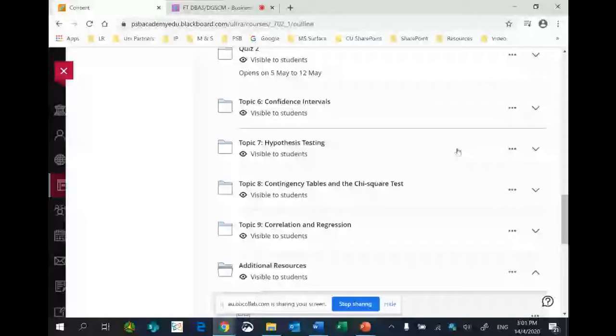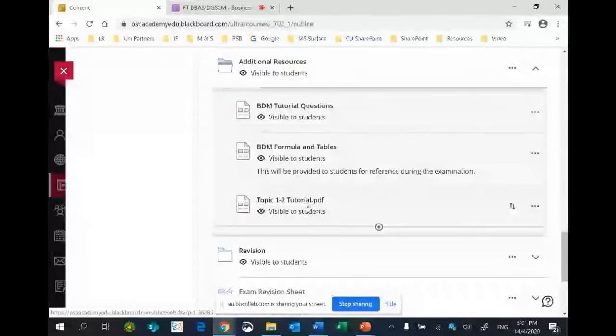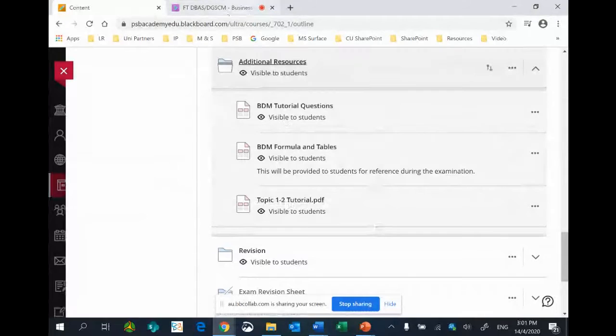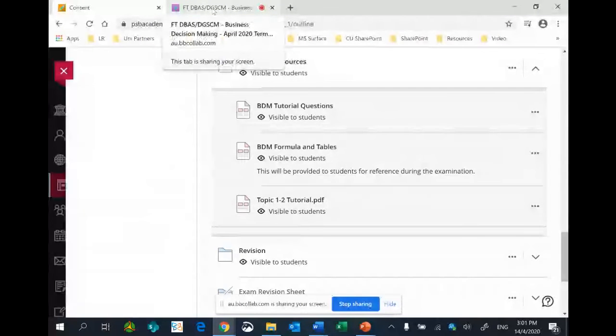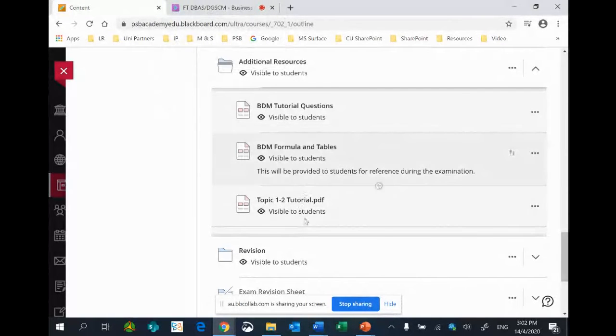I just uploaded the tutorial questions for this coming tutorial session. You just download it and have a look. If you have a printer at home, that will be good. You can print it out and do the work on top of it. Otherwise, you can do it in your exercise book. I think this one is the one we'll discuss.